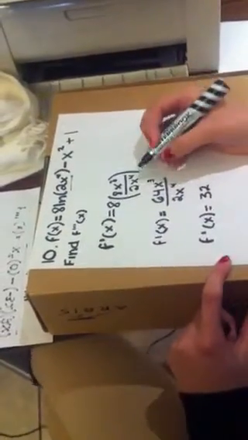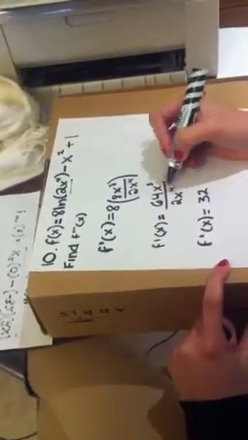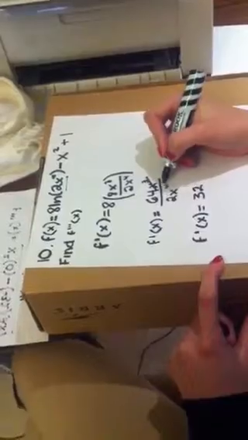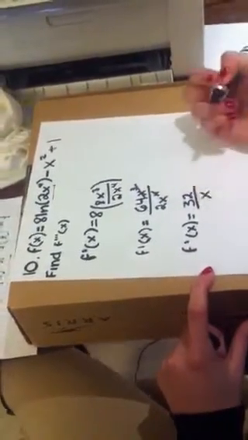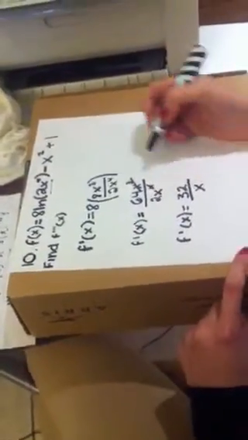And in here we have the same variable and both are monomials, so we can take the 3 x's in here, and in here we leave 1. So it's 32 over x. We found the first derivative of the first term.